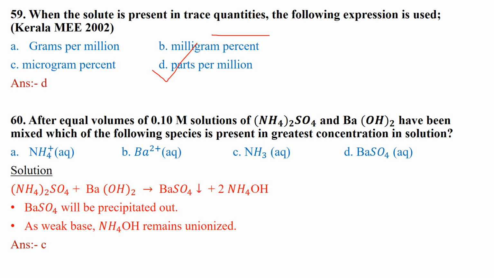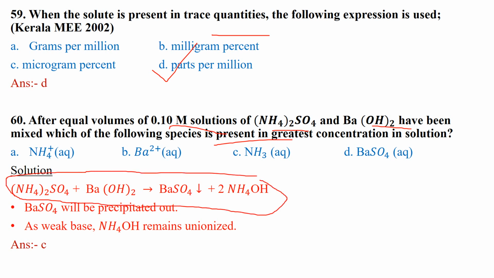After equal volumes of 0.10 molar solutions of ammonium sulfate and barium hydroxide have been mixed, which of the following species is present in greatest concentration? Here is the general equation of the above problem. If ammonium sulfate reacts with barium hydroxide, then barium sulfate will be formed.